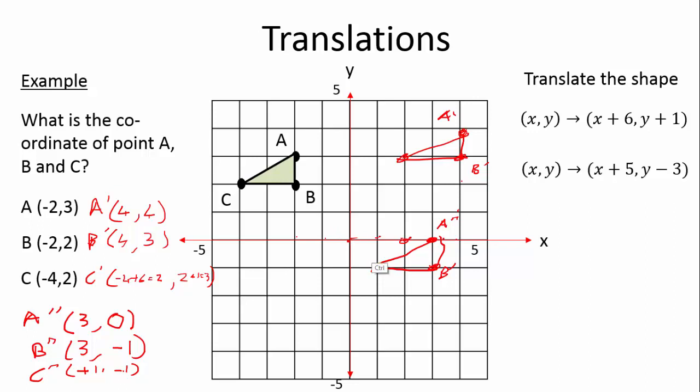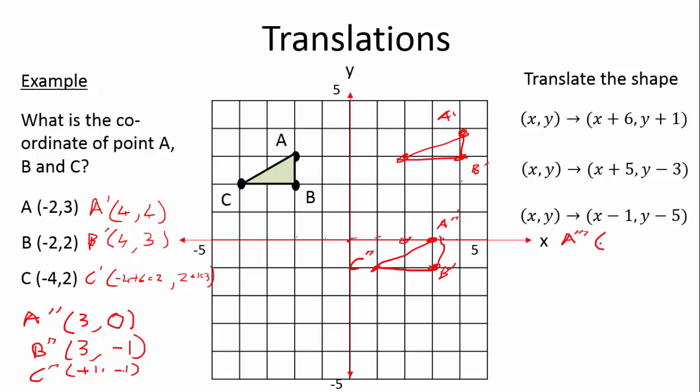Okay, let's have a look at another one, where we said x, y goes to x minus 1, y minus 5. What we can do now is just solve one equation. Remember that was C double dashed. Let's now call this A, that we're trying to solve, A triple dash.